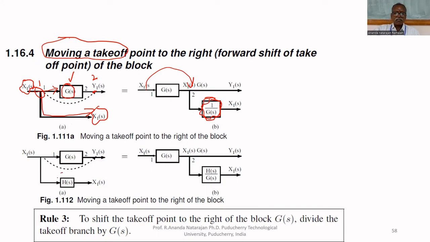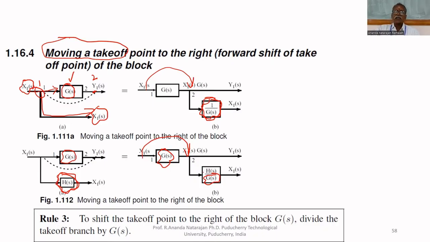Suppose the takeaway signal is one amplified by G of S, another amplified by H of S. But you want to move the signal from here to here. While moving that, here it is amplified by G of S. I want to nullify the effect of G of S. That's why I am dividing this by G of S. That's all.